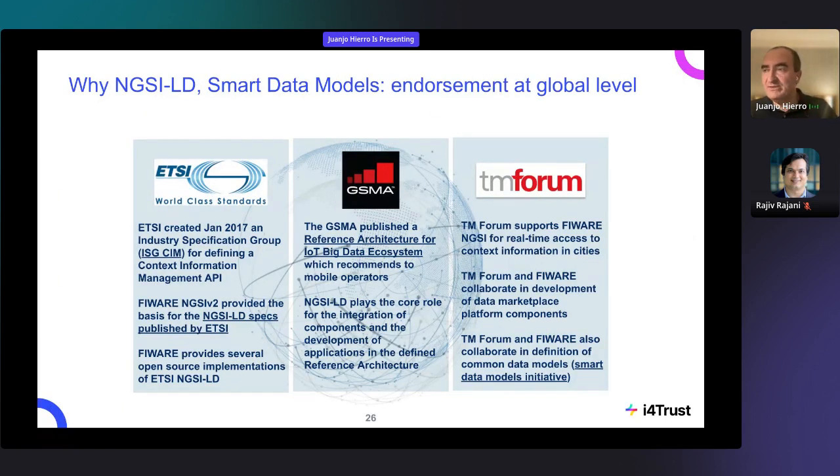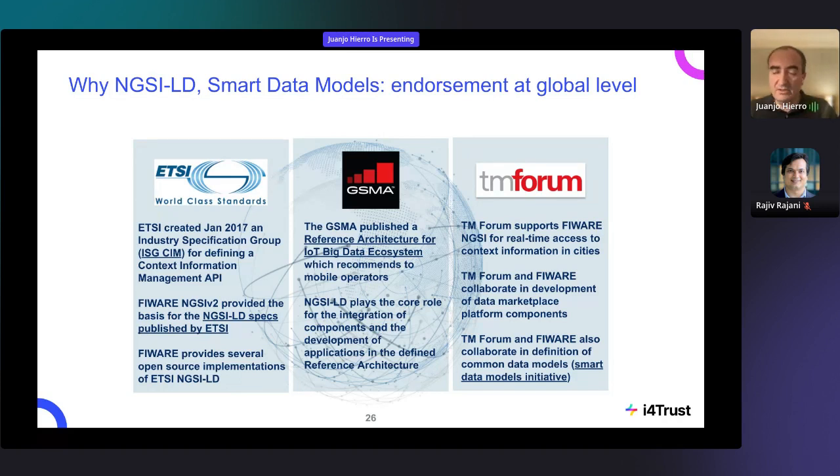These two elements, I think it's important to emphasize, and with this I finish this part, are standards and initiatives that have been endorsed by a number of organizations. ETSI, I mentioned, has been publishing the specifications of the NGSI-LD API.